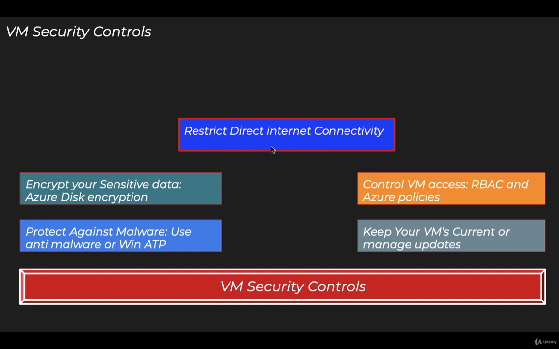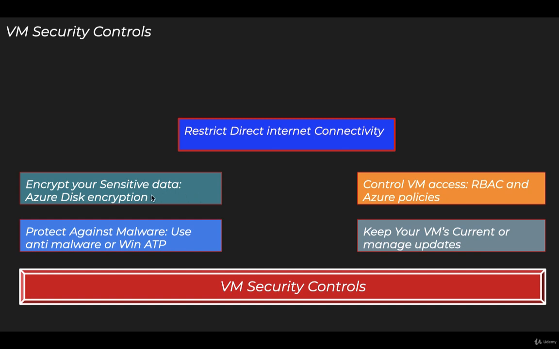The other option to secure your virtual machine is to encrypt your sensitive data. With Azure Disk Encryption, you can encrypt the sensitive data stored on your disk. If you are using Windows, you can use Windows BitLocker, and in the case of Linux OS, you can use DM-Crypt.